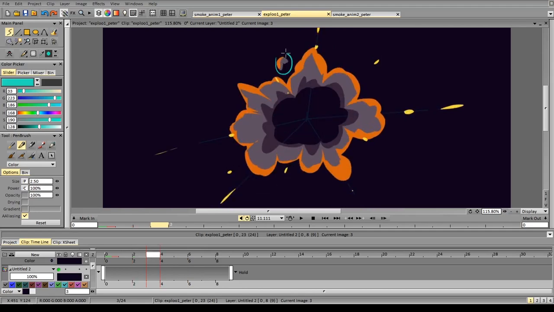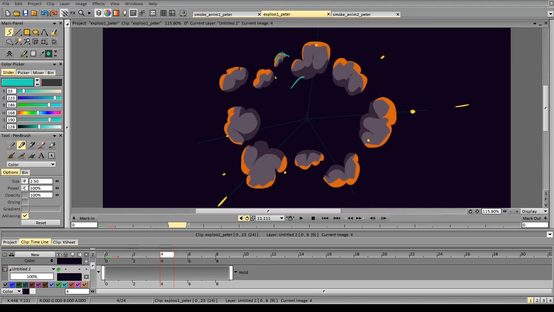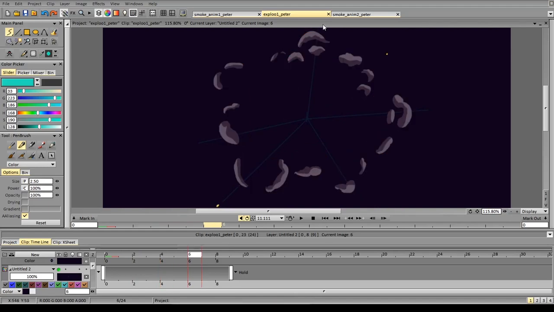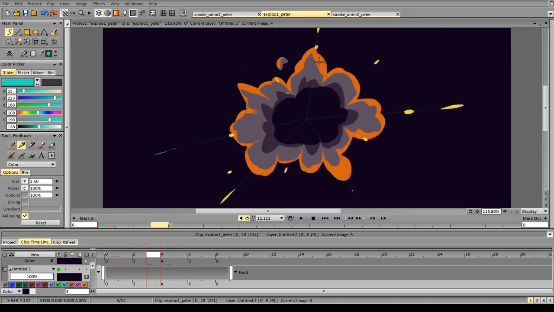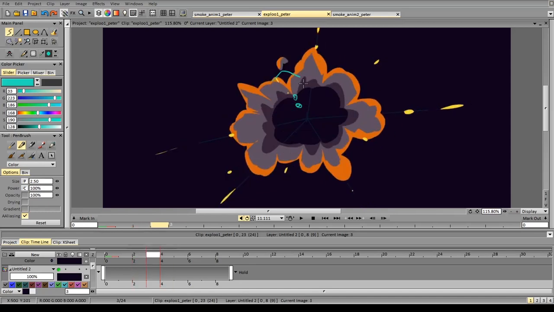Here this particle kind of appears out of nowhere, so it looks rough. And especially here, because the edge was moving and lagging behind, and then it suddenly disappears.